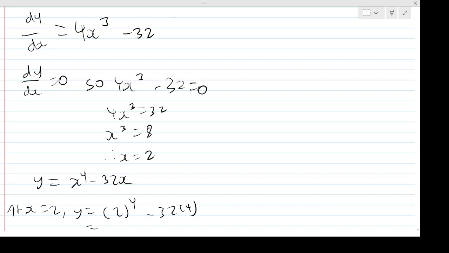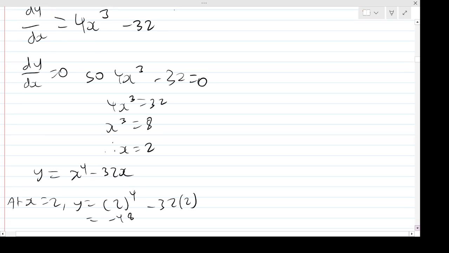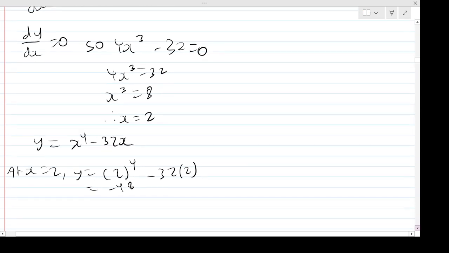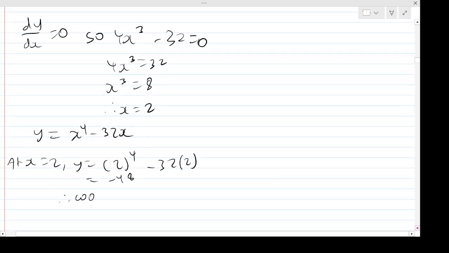Sorry, that should be 2 there, my apologies. When x is 2, y is minus 48. So the coordinate is x is 2, y is minus 48. This is a stationary point, as this is when dy/dx, the gradient, was set to 0.